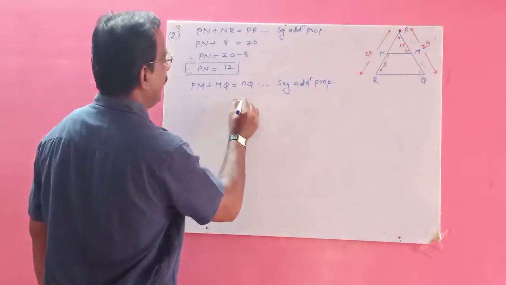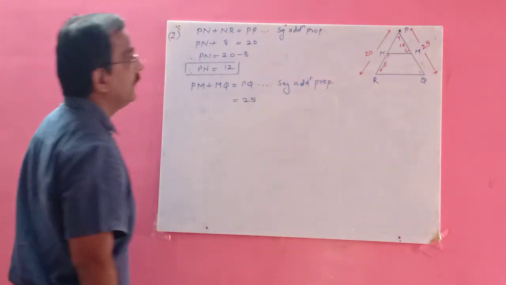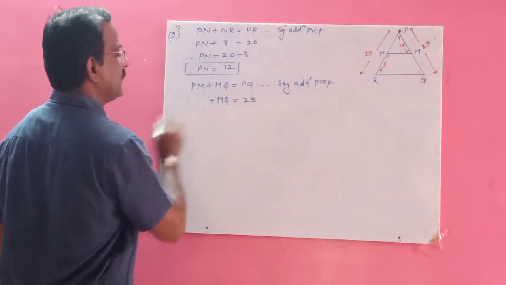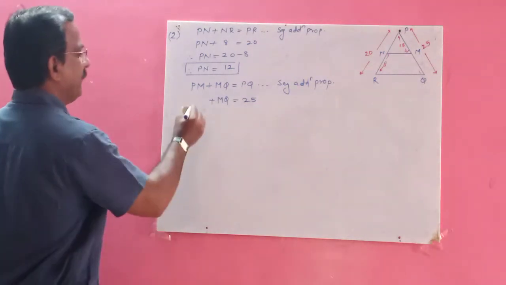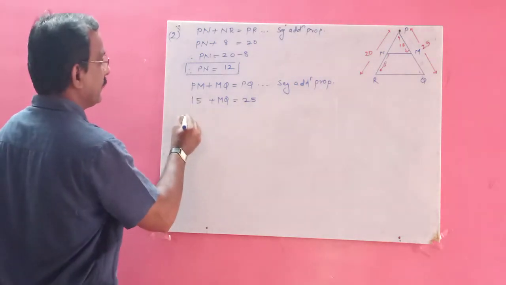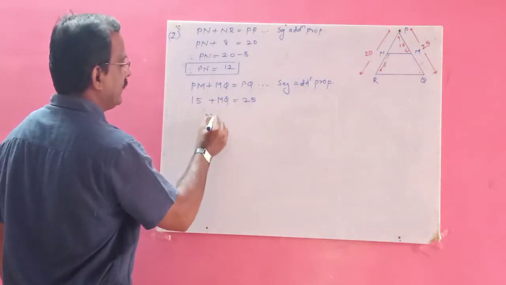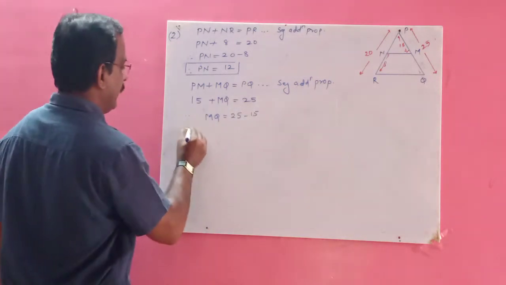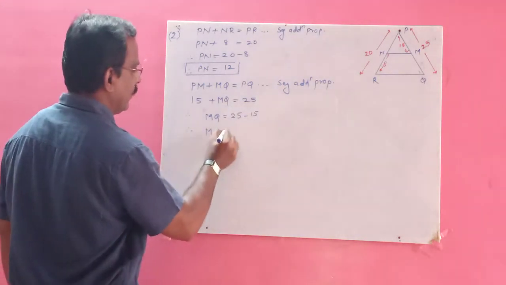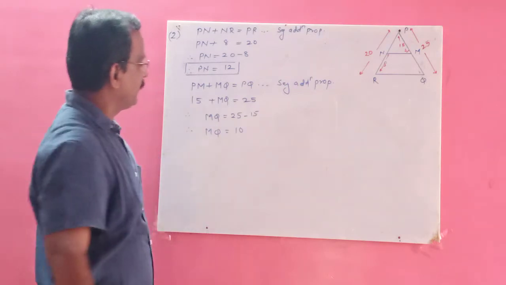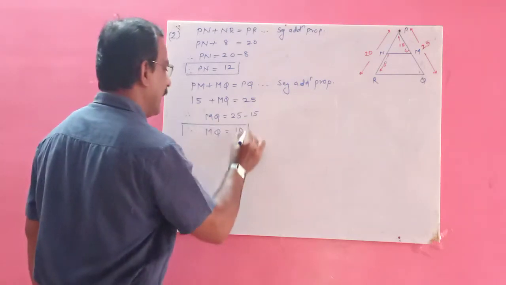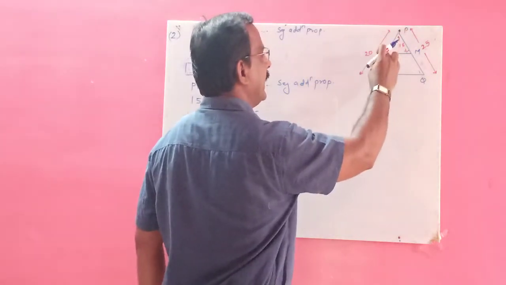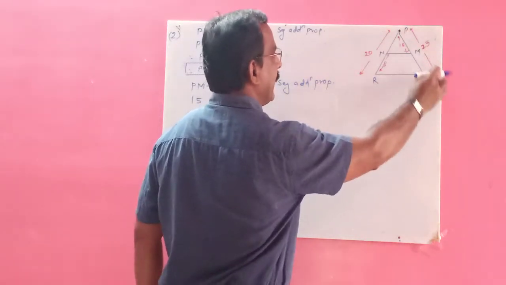How much? 25. So write here 25. MQ is not given, write as it is. But PM is given 15. Therefore, MQ is equal to 25 minus 15. Therefore, MQ is equal to 10. This is segment MQ. Now you have PN, NR, PM and MQ.